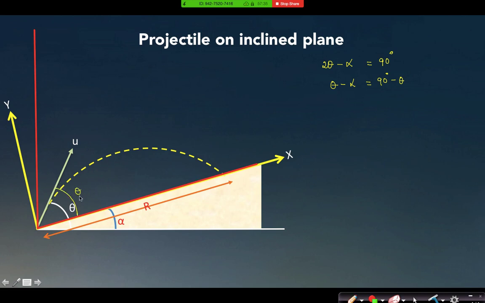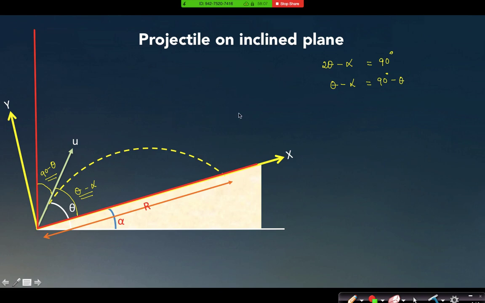Theta minus alpha. And what is this one? 90 minus theta. So in order to maximize the range, these two angles should be what? Equal. In order to maximize range, you have to project the particle in such a direction that it will bisect the angle between what lines? Vertical line and the inclined plane.